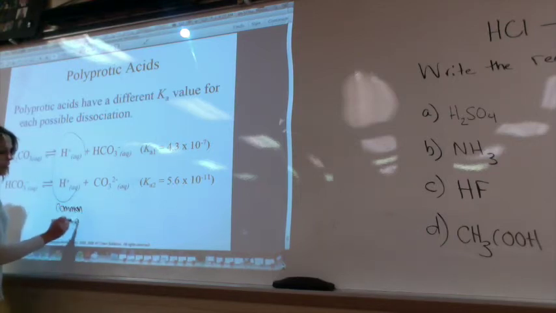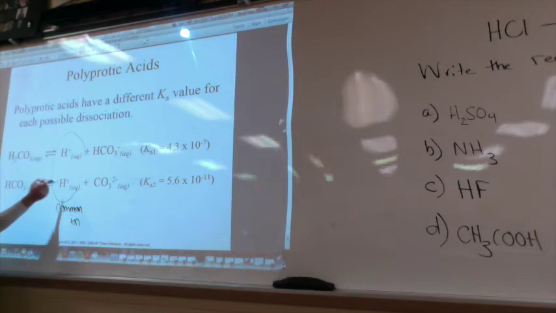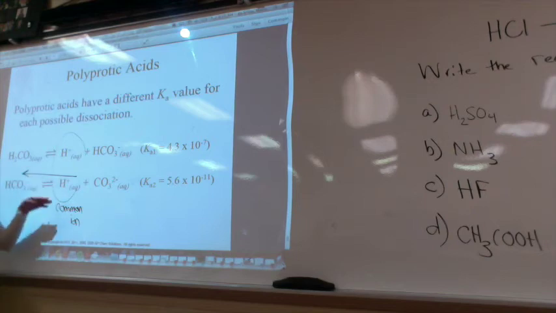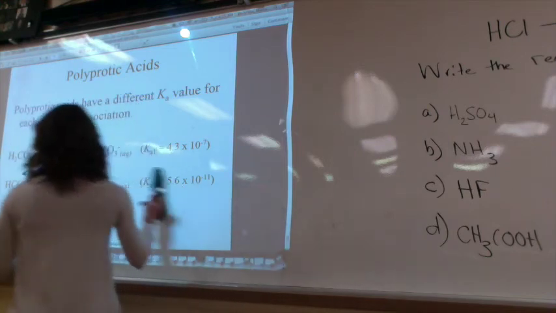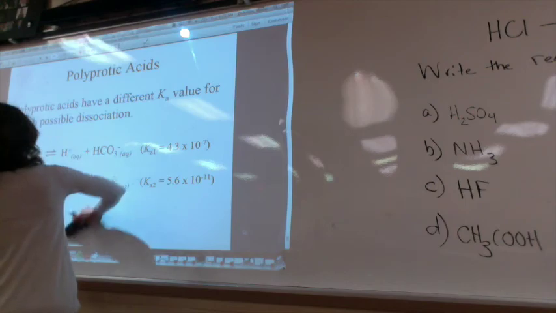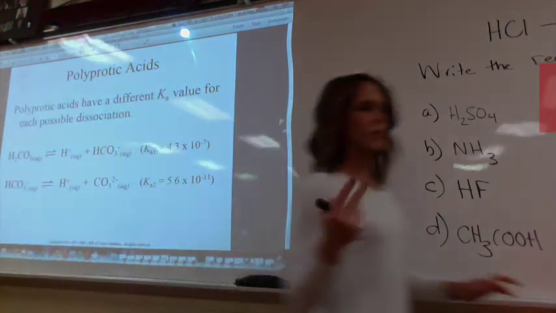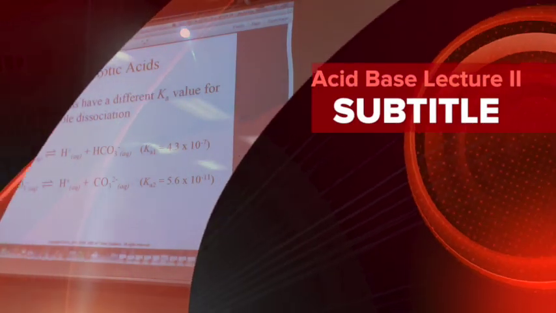And remember, common ion effect, according to Le Chatelier's, if this is the second reaction, is going to shift this one left. So the amount of H plus coming off from the second reaction is so insignificant that we're just going to ignore it because it drives it even further to the left. And that's a really, really small value. So that's what it means by it's going to shift the second reaction to the left due to common ion.